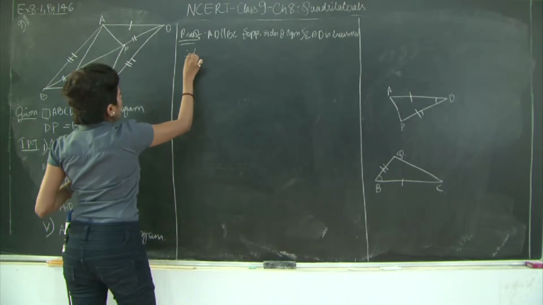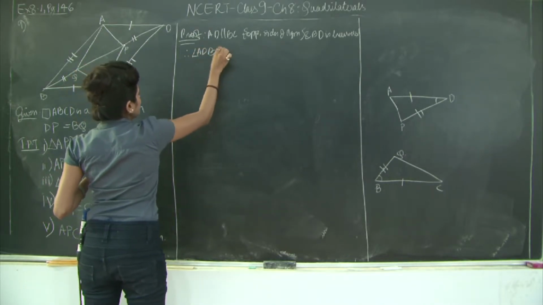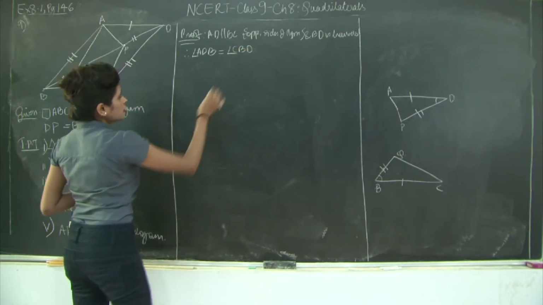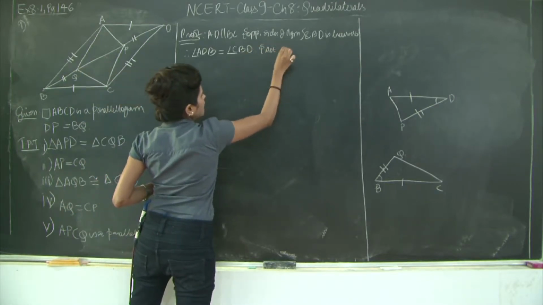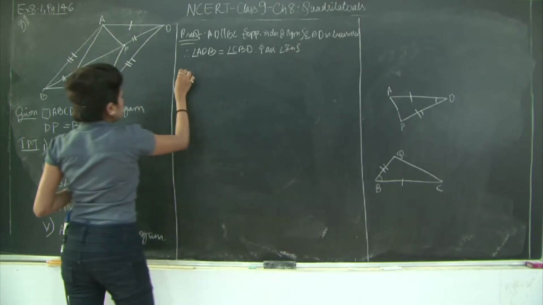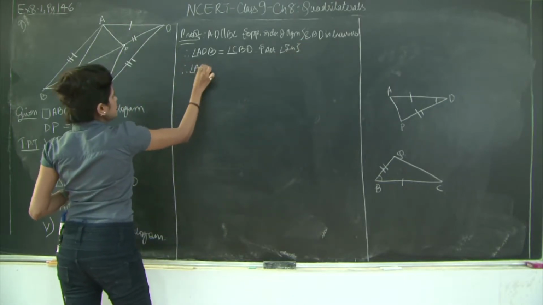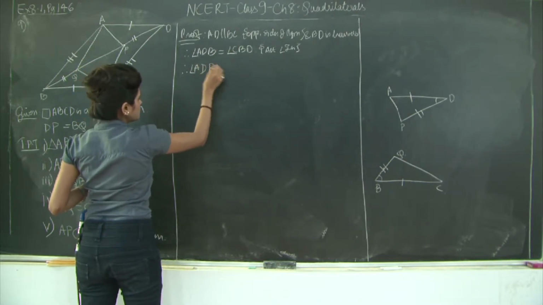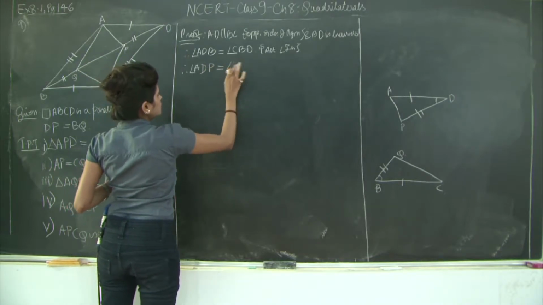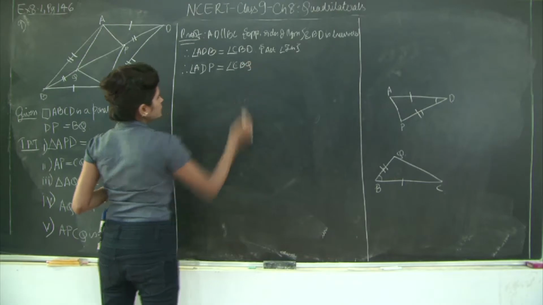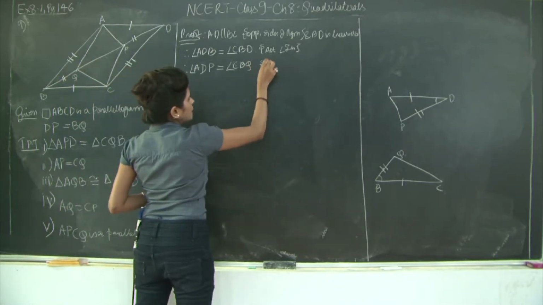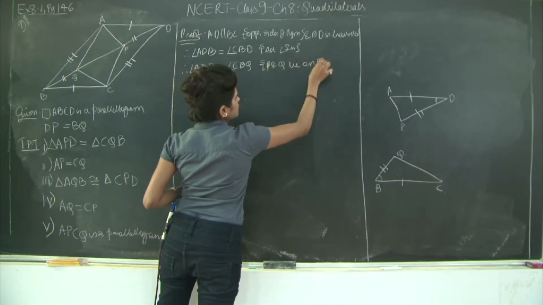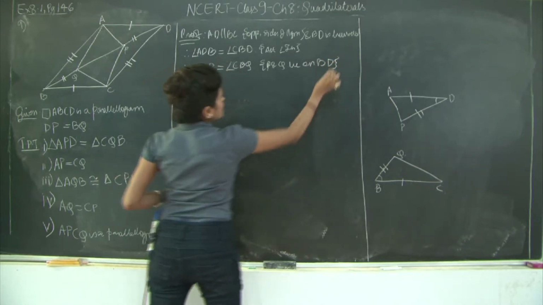Therefore, I have angle ADB is equal to angle CBD. Why? Because of the alternate angle theorem. Therefore, I am going to say angle ADP is equal to angle CBQ. Correct? We will say P and Q lie on BD. Let's mark this as 1.